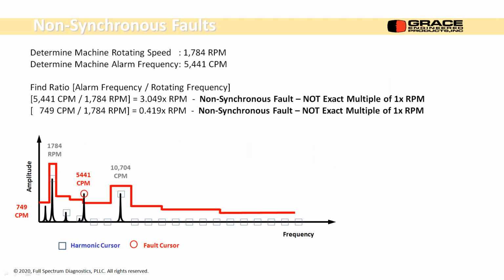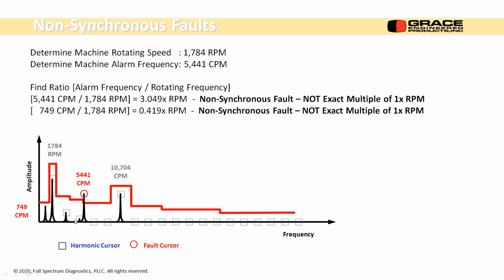One of those is this problem, and this is a good one because it's so tight. I have a peak that shows up at 5441. I divide it by running speed, 1784. I get 3.049. You always take them out 3 decimal places because this is not a harmonic. It's not 3 times, it's 3.049.